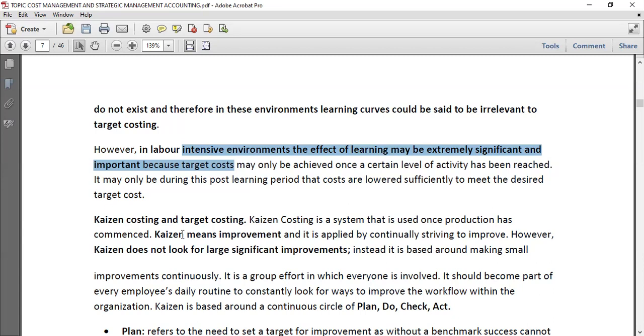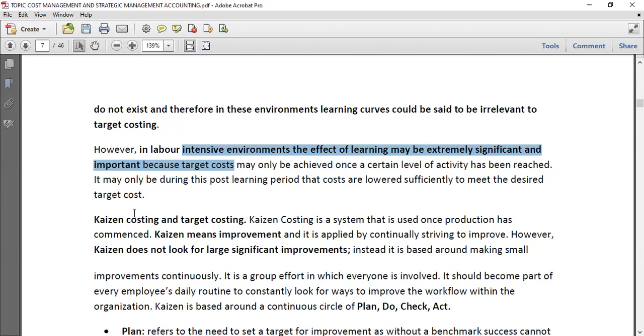The principle of Kaizen, a Japanese model, is that it believes in continuous small improvements, backed up by employee involvement. And why employee involvement? Because the theory believes that employees better understand some of these costs.